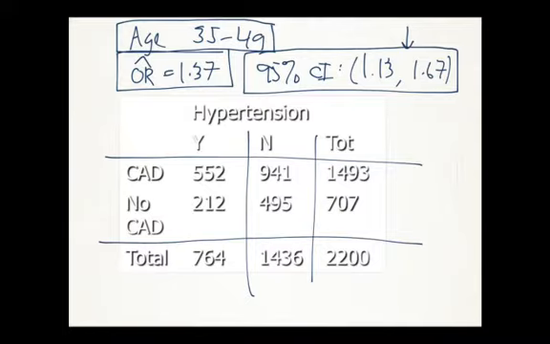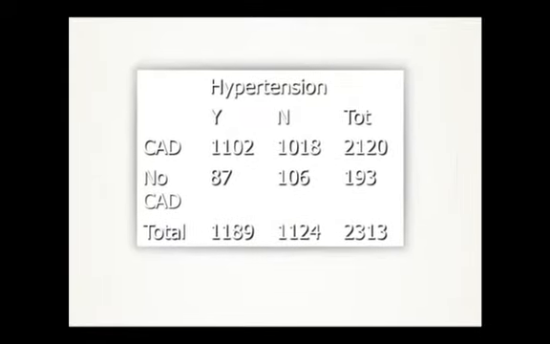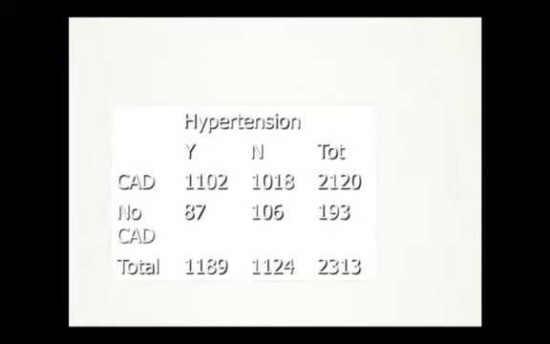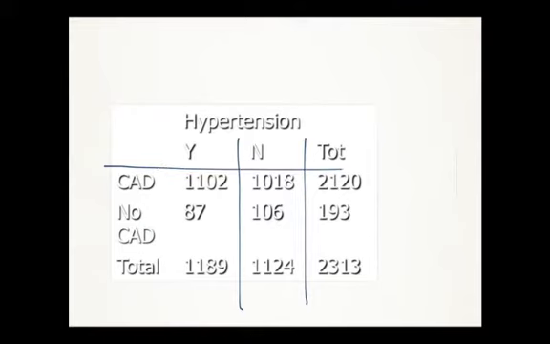Now, what if in addition we looked at the older age group? What would they look like? Here's the older age group. So again, these are the folks who are greater than 65 years old.